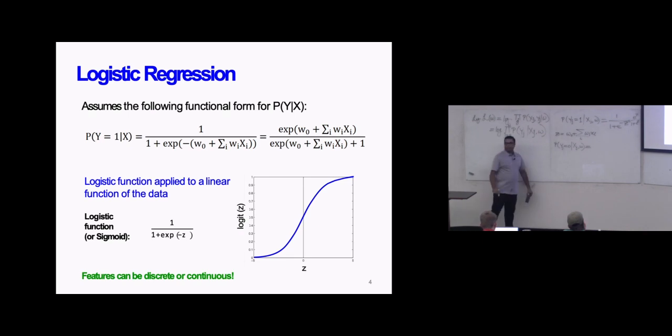What is the value? Yes. 1 minus P of yj equals 1, 1 minus this, right? So 1 minus e to the power z divided by 1 plus e to the power z is essentially 1 plus e to the power z minus e to the power z, divided by 1 plus e to the power z. This cancels out. So this is the probability of y equals 0. Clear?